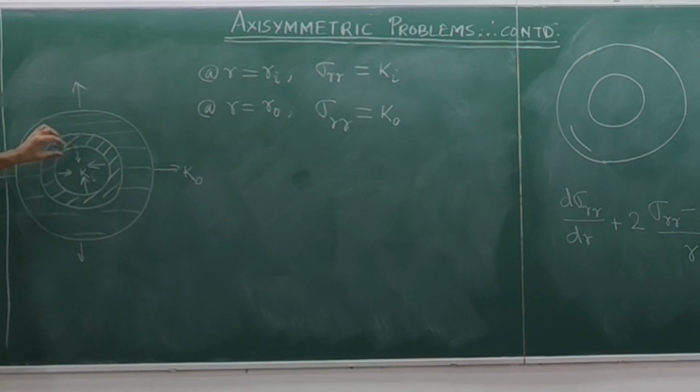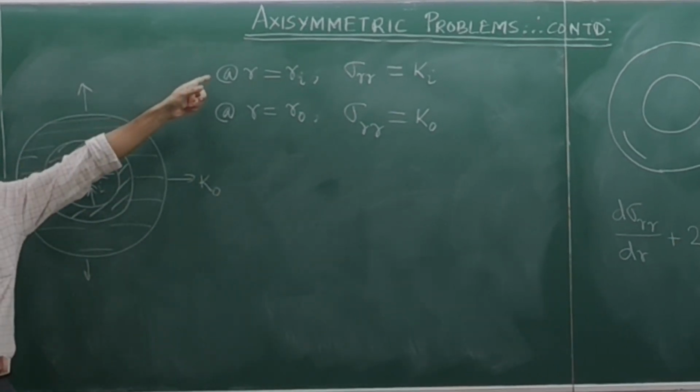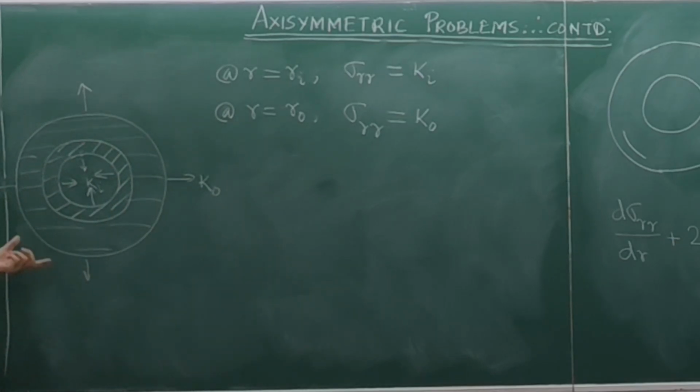Now, for this material which is inside, you have the condition sigma rr is equal to ki. And for the material which is outside, you have the outer condition that sigma rr is equal to ko. But what happens at the interface? At the outer periphery of the inner material and the inner periphery of the outside material, what is the condition? Those two displacement values will be the same.